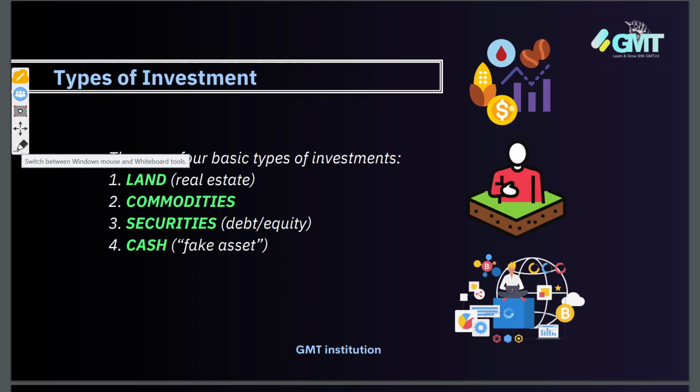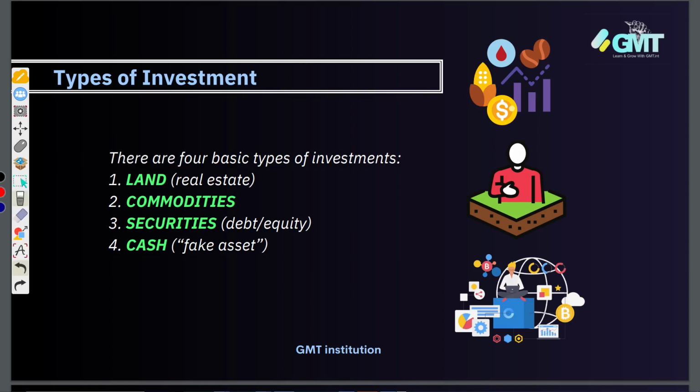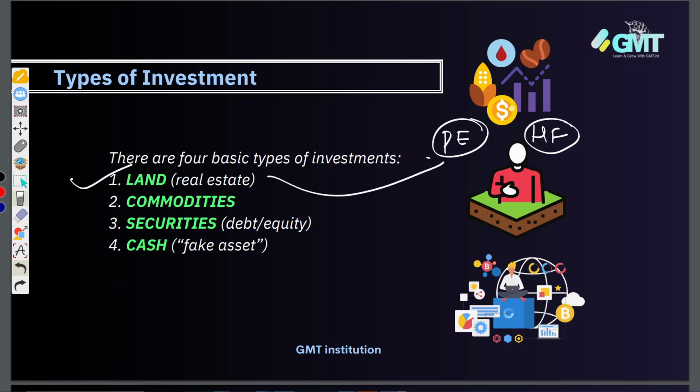There are different types of investment, as you know. So land is one where most of the, if I take the example of even private equity, right? So private equity funds, hedge funds, all of them invest into real estate as well. But apart from that, if you see mortgage loans and all, what is that exactly?